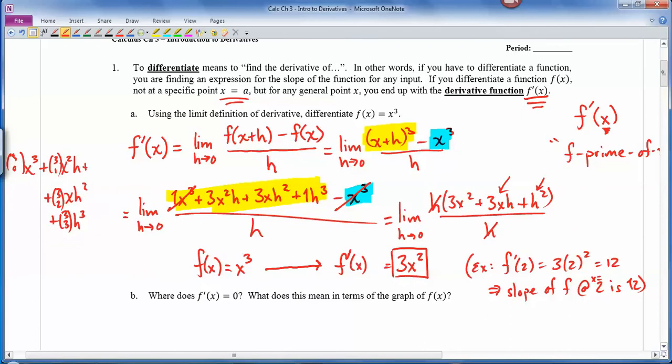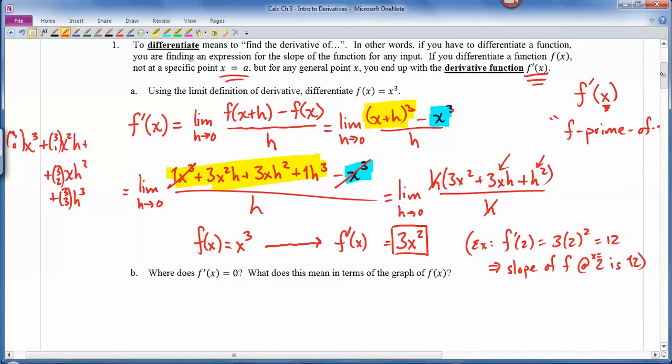Okay, so when does the derivative equal 0? Let's set the derivative equal to 0. We know the derivative, the slope function, is 3x squared. So that means x squared is 0, and that only happens when x is 0. What does that mean in terms of the graph?